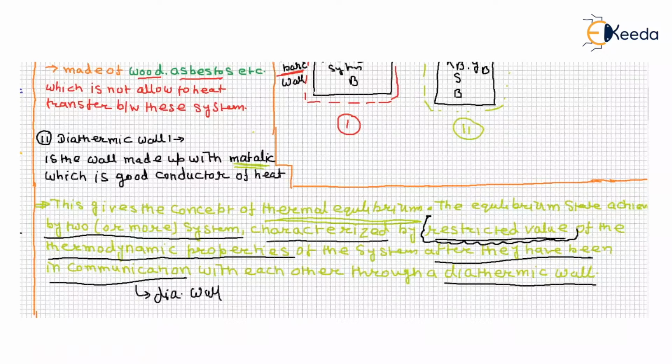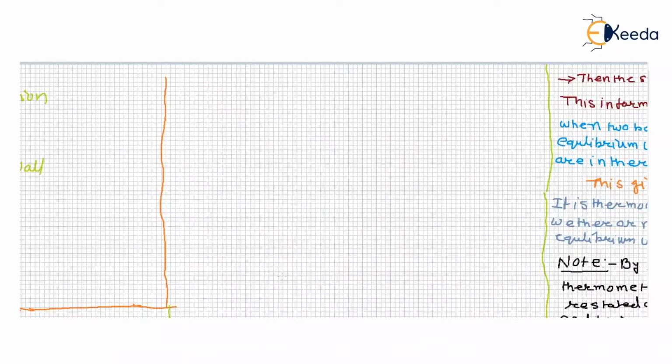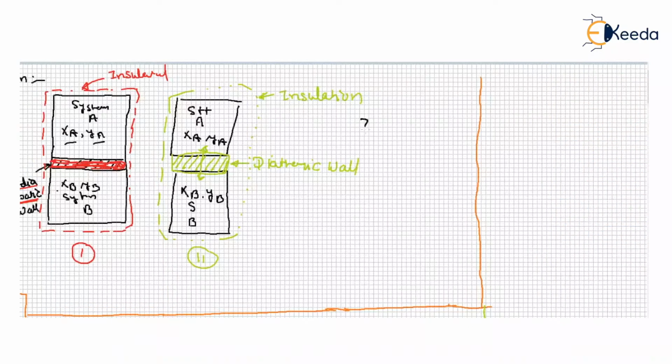What is that? It is like this. See, if you put the diathermic wall, these two systems have a common property, one common property, right?